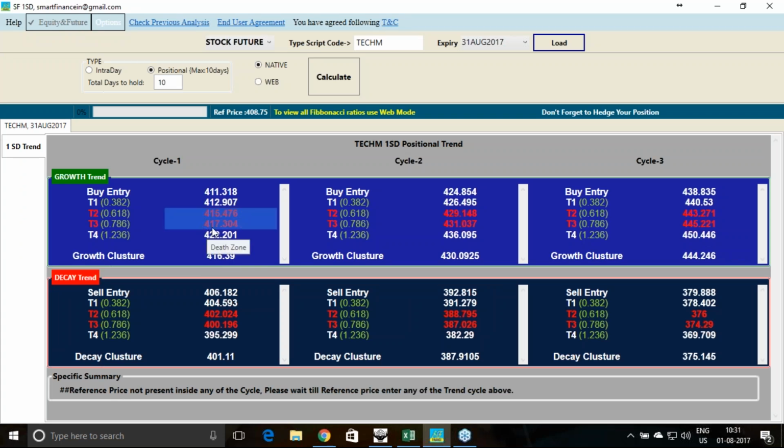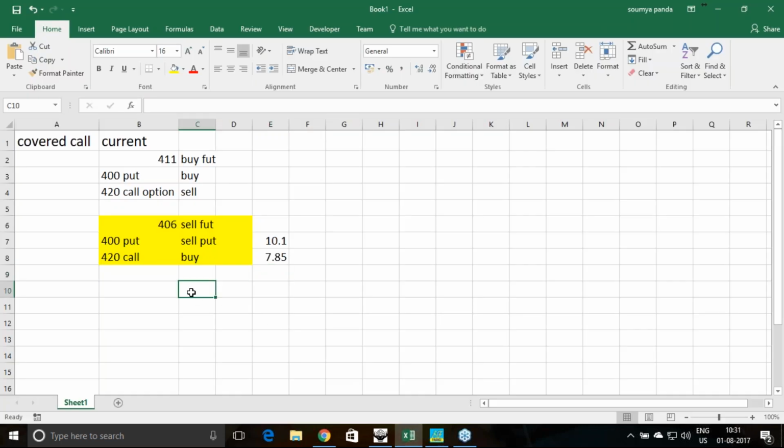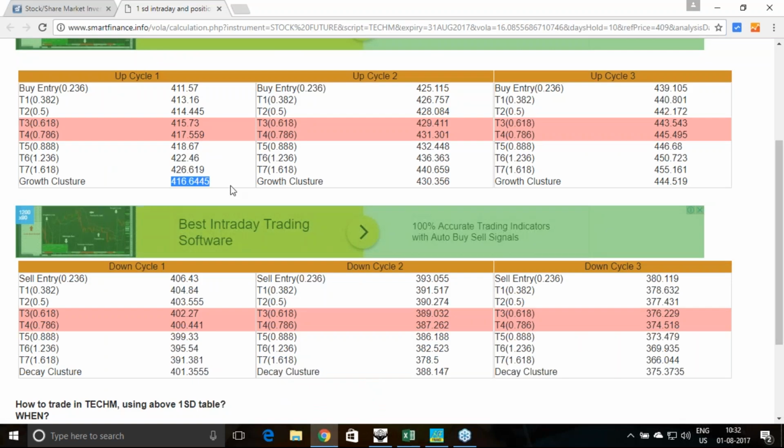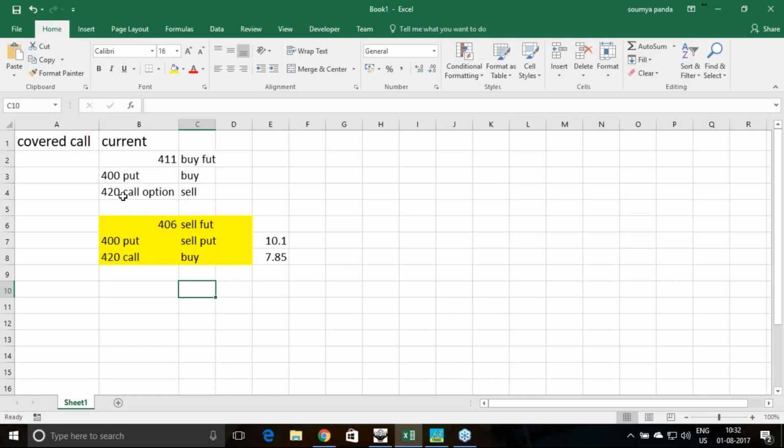Once it crosses 417, you can book the loss and come out, or you can think of waiting till 419 to cross so that you can book the loss and come out. This is the 0.888 retracement. Once you are coming out at that particular time, you can think of a covered call, this particular strategy.